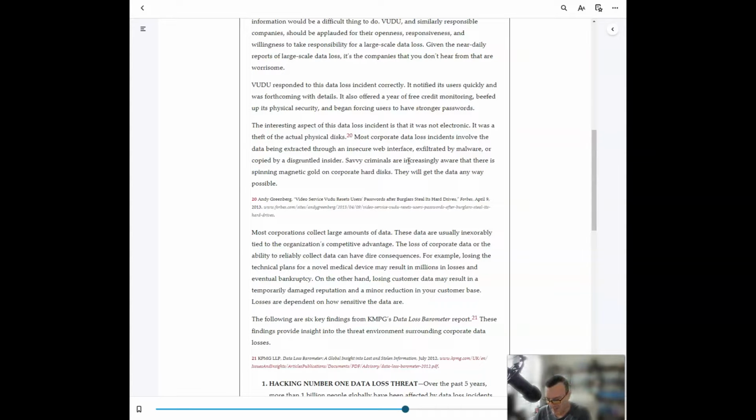Now, if you think about that, hard disks are heavy. And I'm going to venture to say they probably had a lot of hard disks that were pending some form of destruction or wiping. And so it had to be a pretty organized break-in.